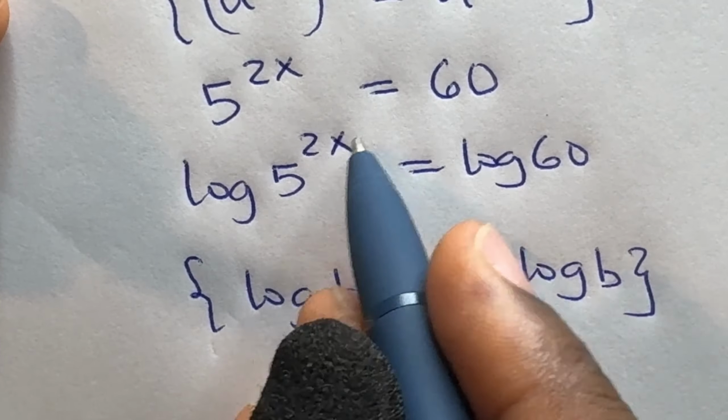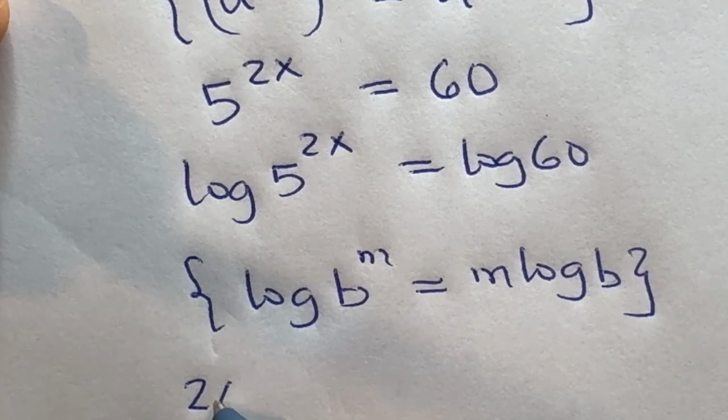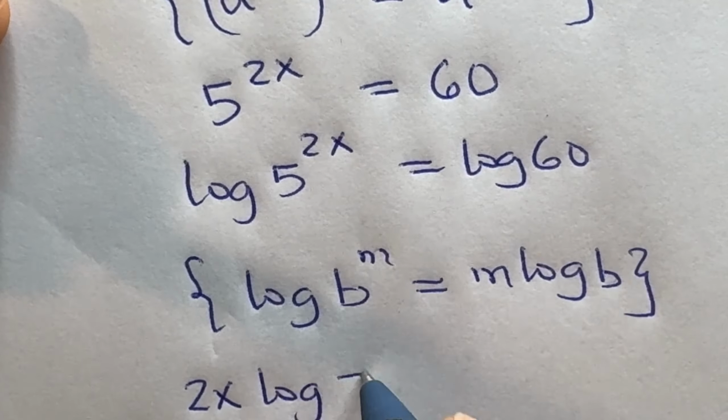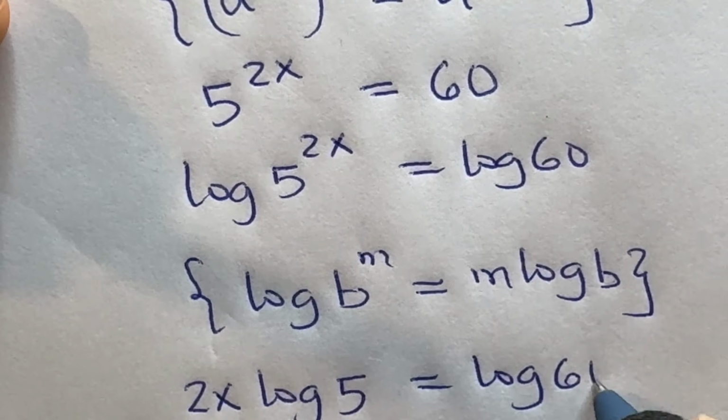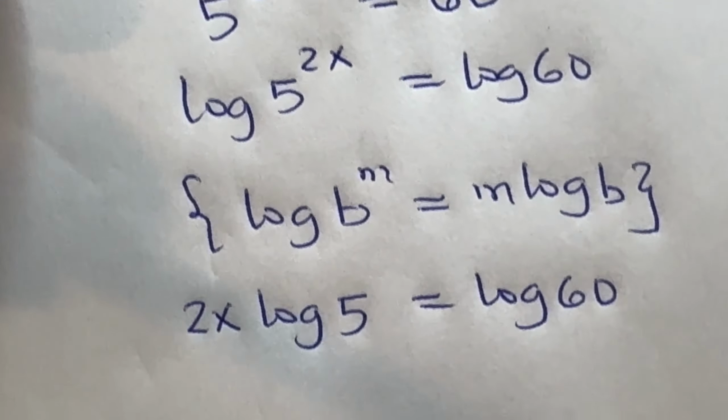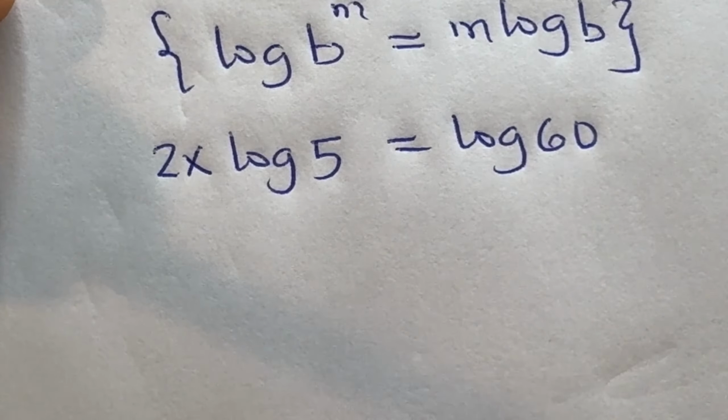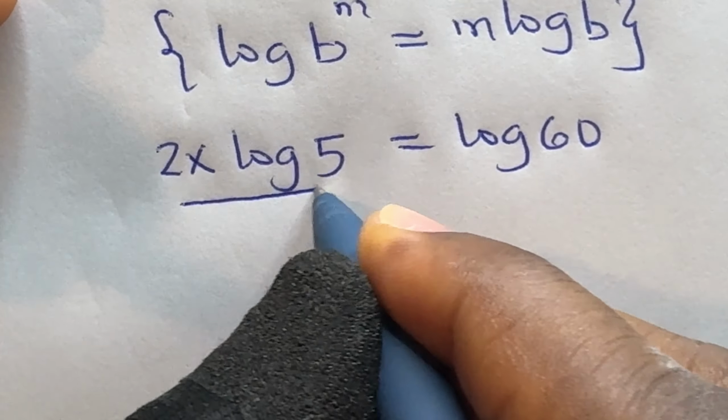Therefore, this becomes 2x log 5 is equal to log 16. Divide both sides by log 5.